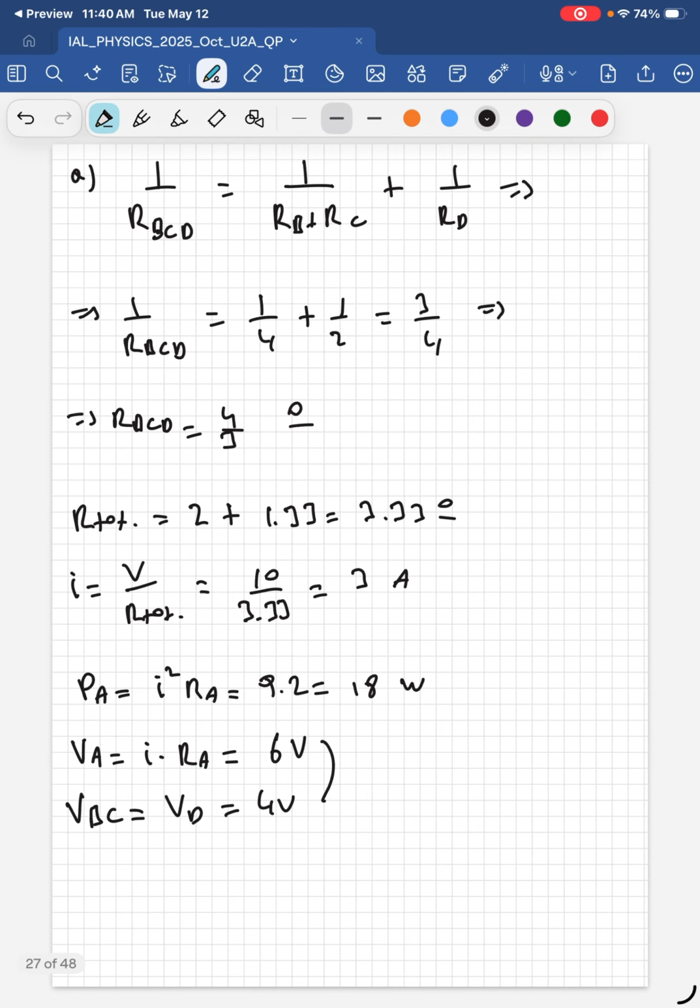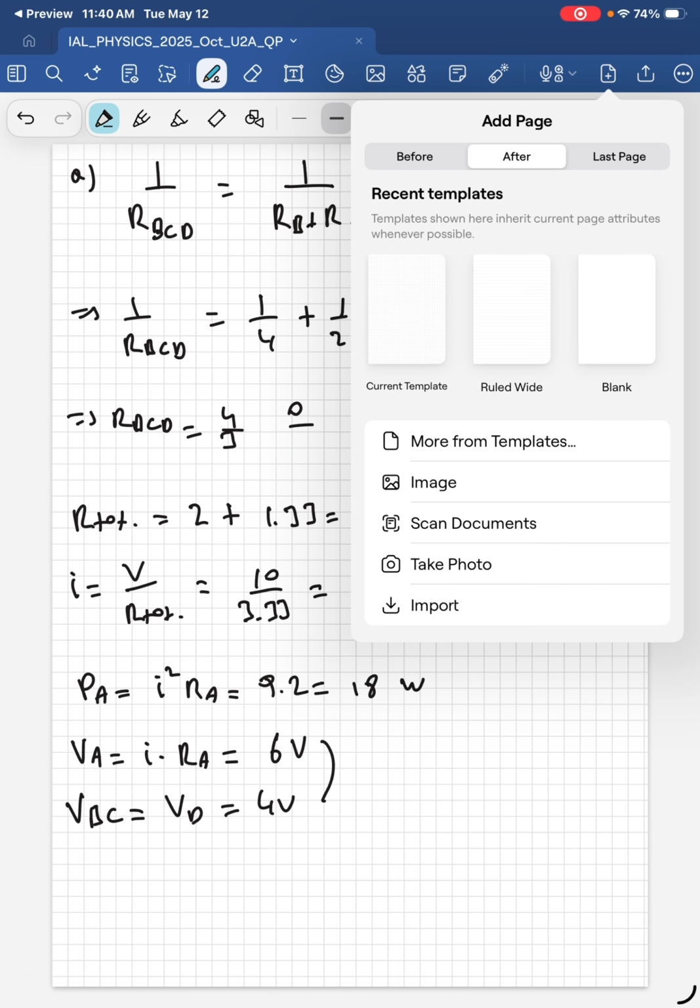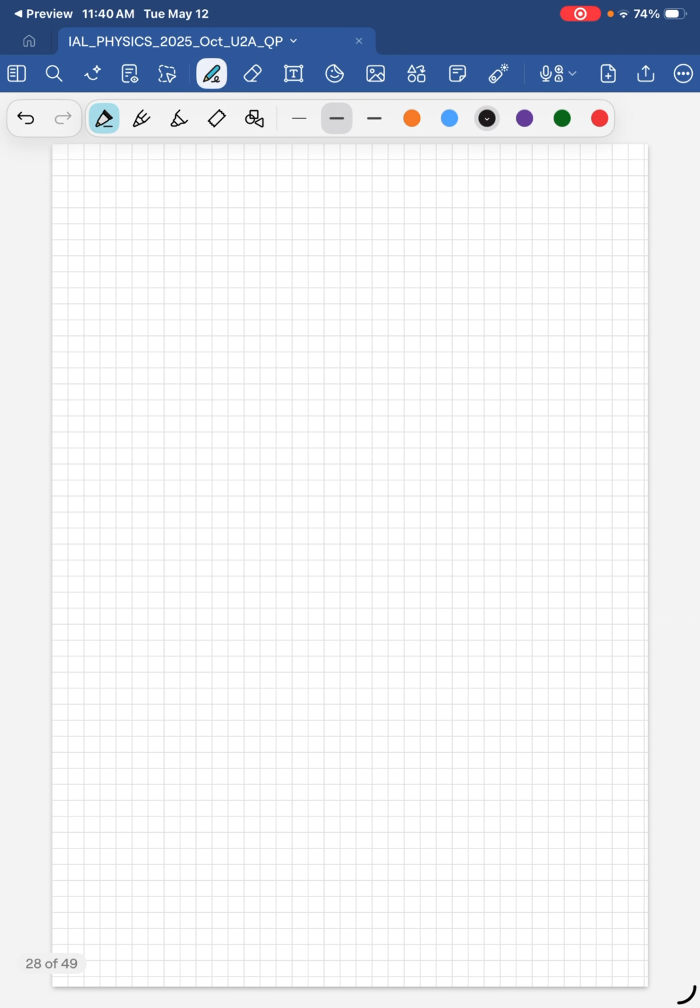Okay, so now we are in a position to find the currents across these combinations. So I across D is equal to V_D over R, which is 4 over 2, which is 2 amps. So the power dissipated across D is going to be I_D squared times R, so 8 watts.